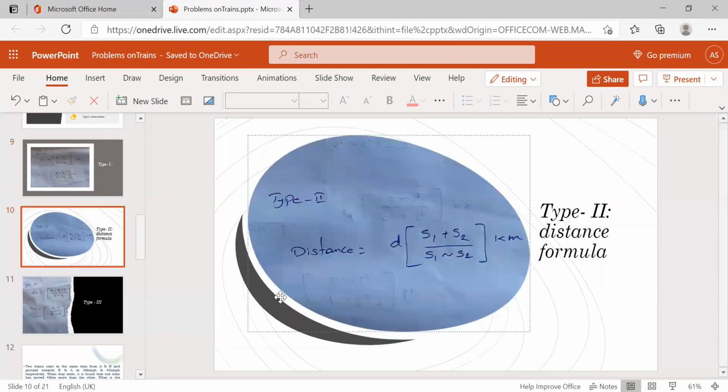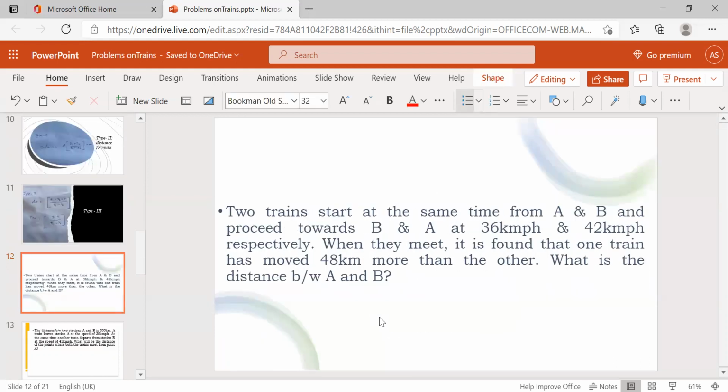Come to type 2. Here they will not mention the distance. Two trains start at the same time from A and B and proceed towards B and A at 36 km per hour and 42 km per hour respectively. When they meet, it is found that one train has moved 48 kilometers more than the other.